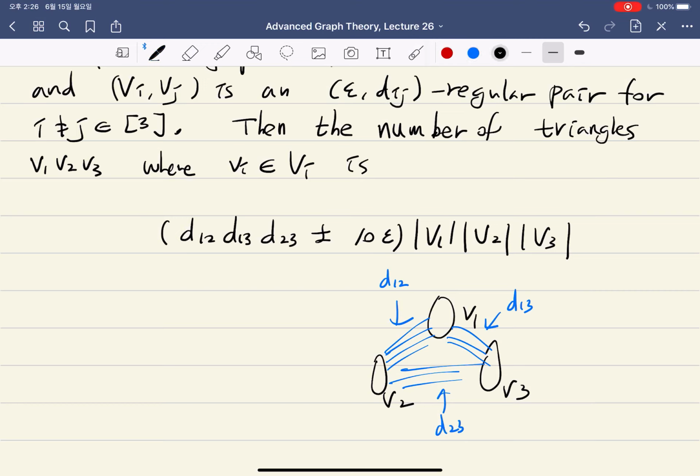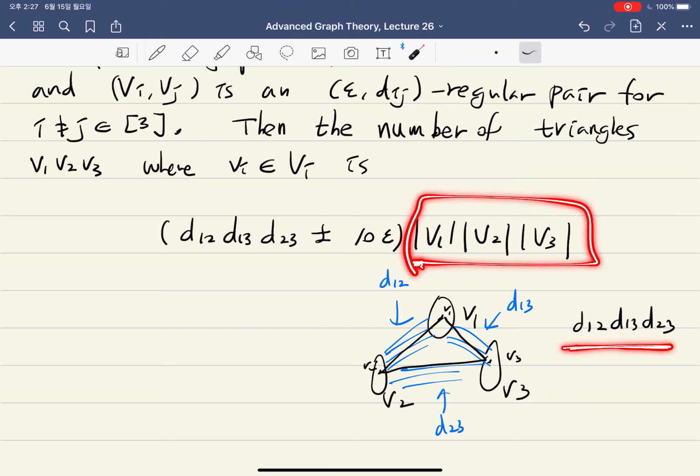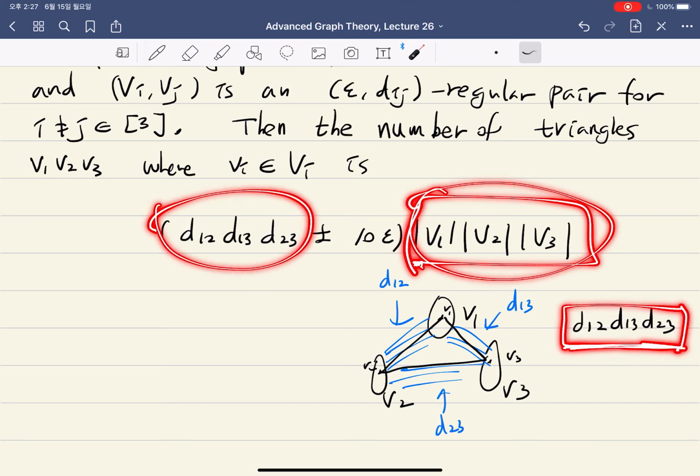Each triple P1, P2, P3 forms a triangle with probability t12 times t13 times t23, because this edge is here with this probability, and this edge with this probability, and this edge with this probability, and those 3 events are independent. So you just multiply them. And then there are this many triples, and each of them is there with this probability. So the expected number of triangles is exactly this times this.